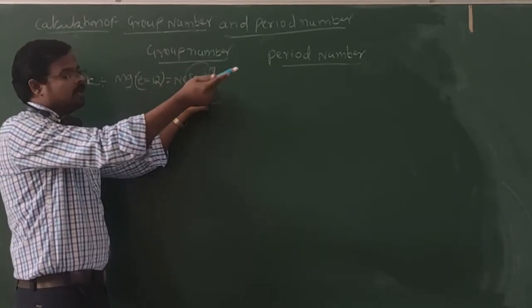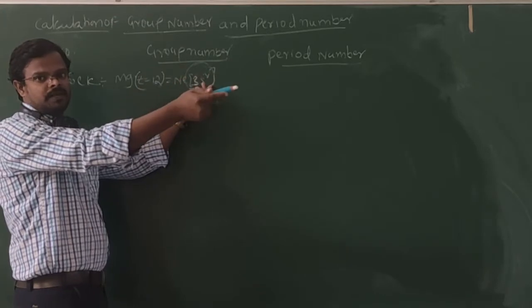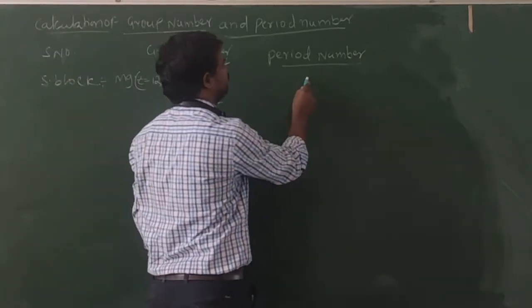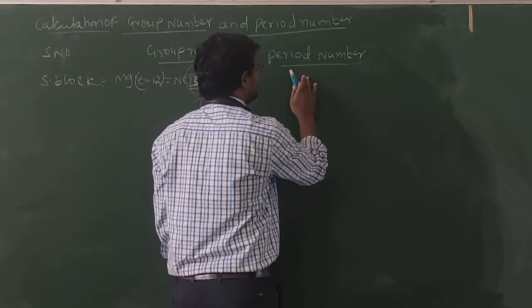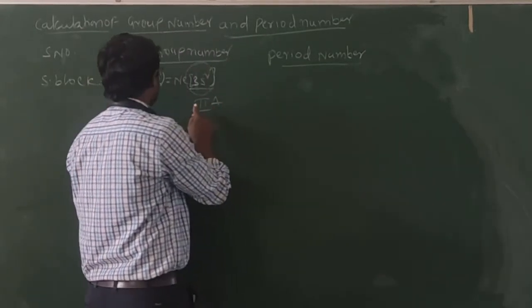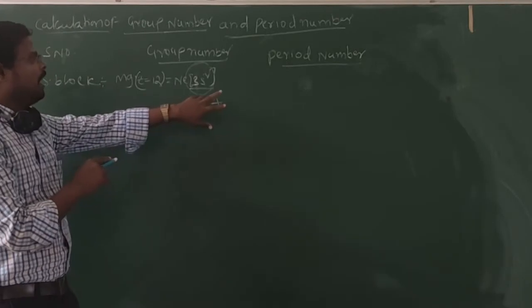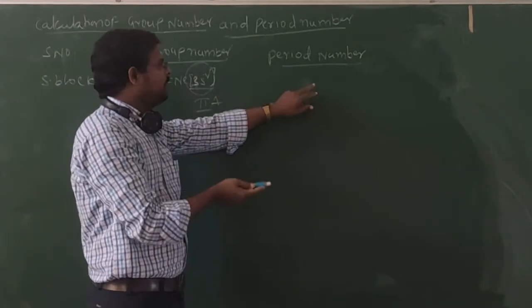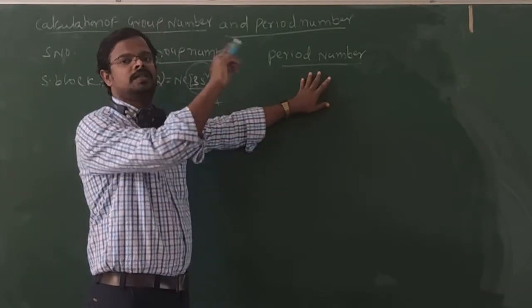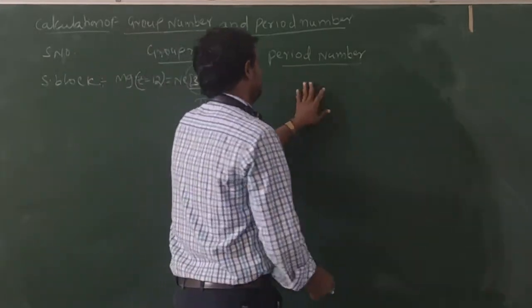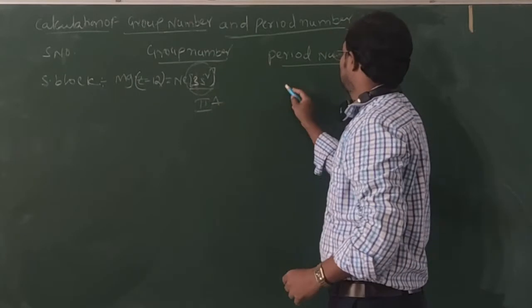The highest energy orbit is the third orbit. Therefore the period number is 3. So for magnesium, the group number is 2 and the period number is 3. The period number is nothing but the highest n value in the outer shell configuration.